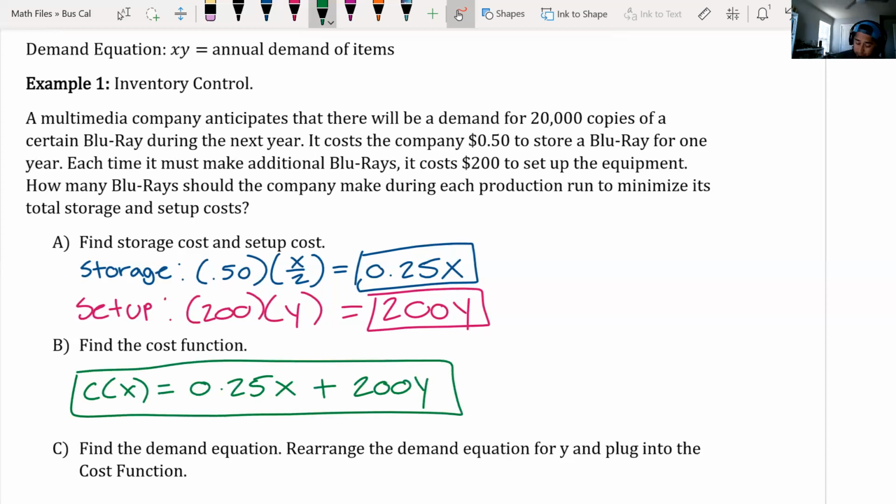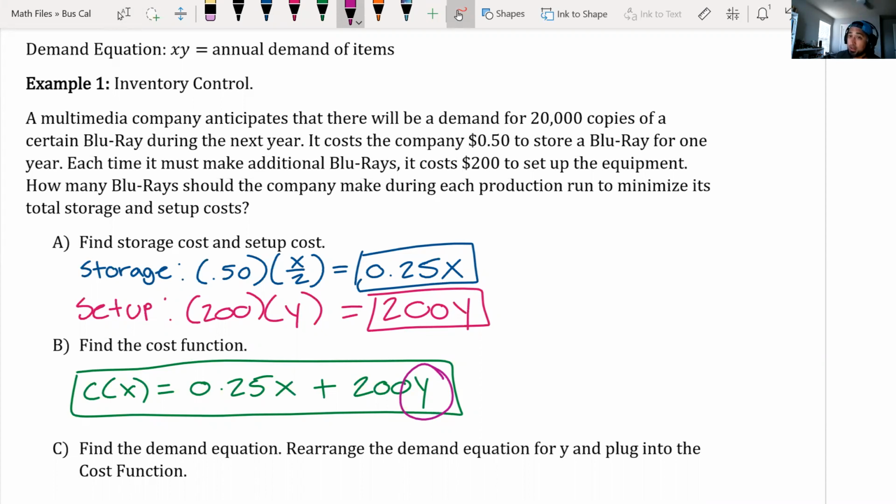Okay, there's that. And now what we want to do is minimize the total storage and setup costs. We want to minimize the cost function, but we can't take the derivative of the cost function until we get rid of that pesky y again. So we have to make a substitution.